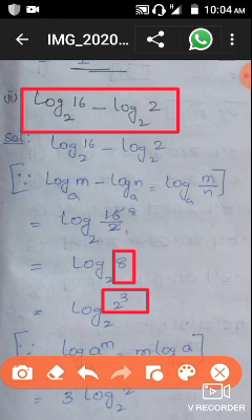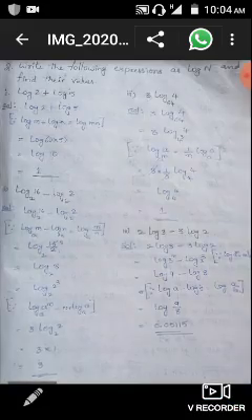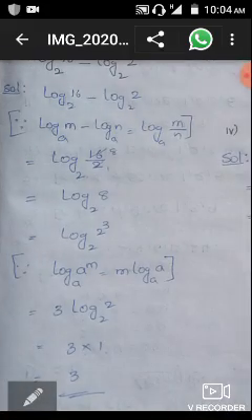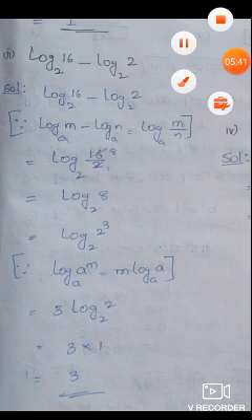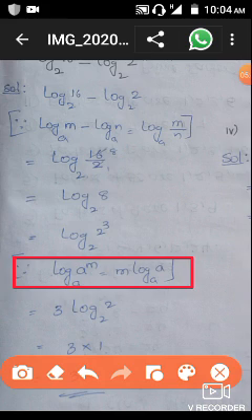Log 2 cube we can write according to this formula: log a power m for base a equals m into log a to the base a.